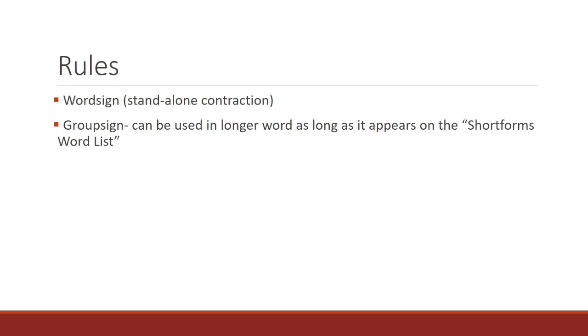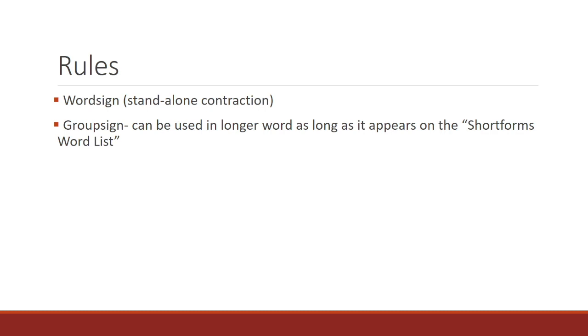The short form words have rules similar to the initial .5 contractions and strong contractions. They can be used as both word signs, which are standalone contractions, and group signs, which are part of a longer word. But if used as a group sign, the short form word must be listed on the short form word list.